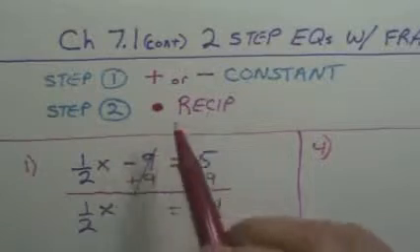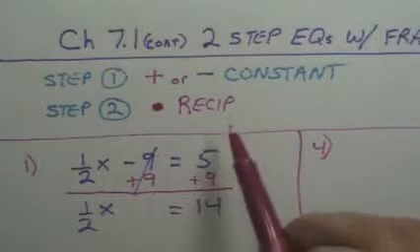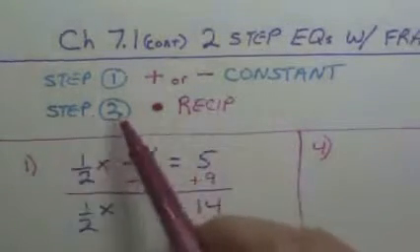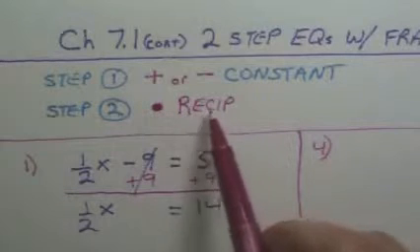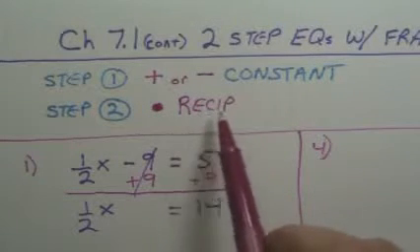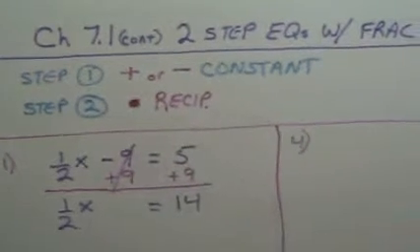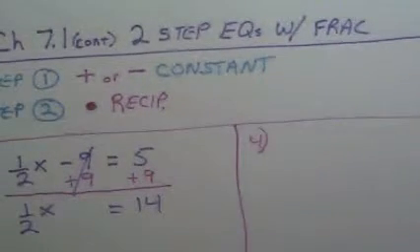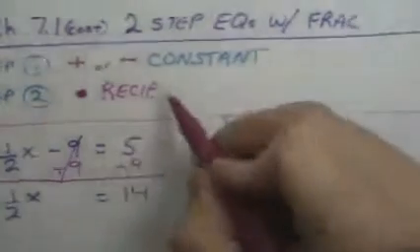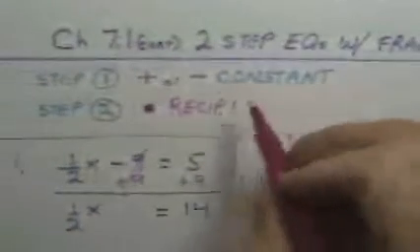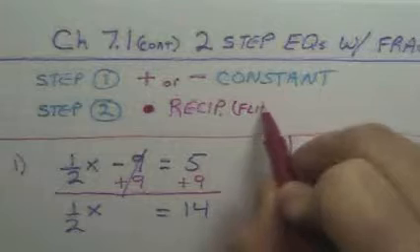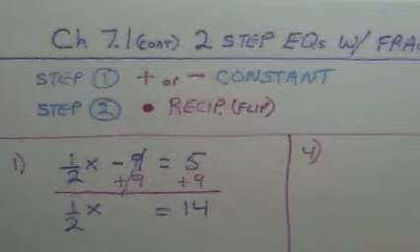Now let's go to our second step. We're dealing with fractions here. So what we want to do is multiply by the reciprocal. I just abbreviated. Reciprocal means, as most students think of it, flipping.